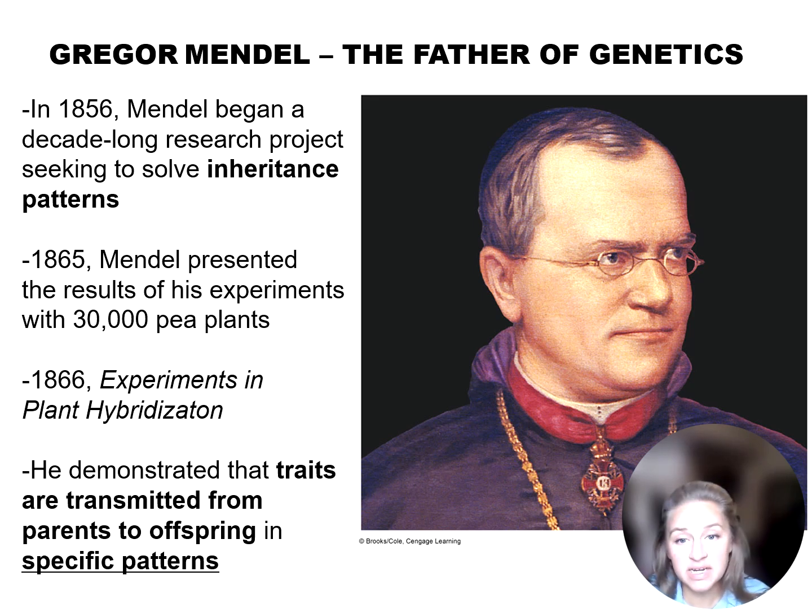So what he was looking at in pea plants, we have also then expanded to other organisms and learned about inheritance and heredity in all different areas. So he demonstrated that traits, which we'll define here in a minute, are transmitted from parent to offspring in specific patterns.